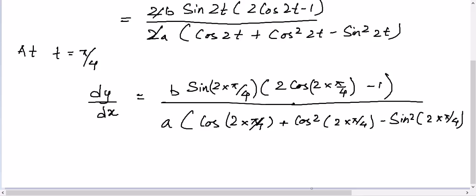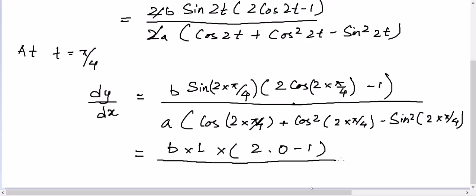We know sine pi by 2 is 1 and cos pi by 2 is 0, so the numerator is b times 1 times (2 into 0 minus 1), divided by a times (0 plus 0 minus 1). So this will become minus b by a.